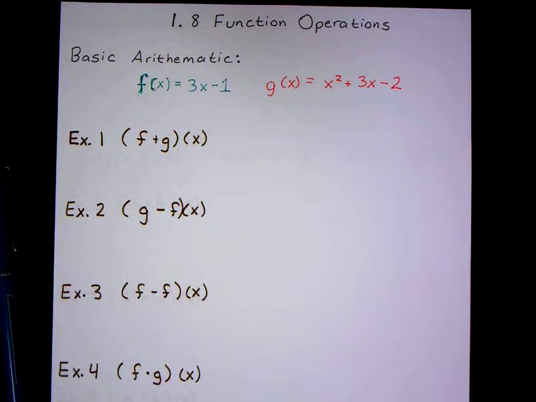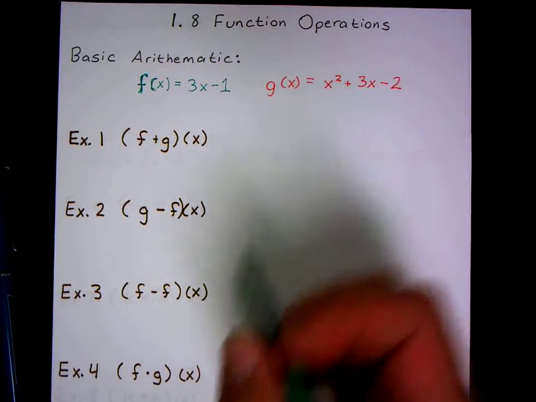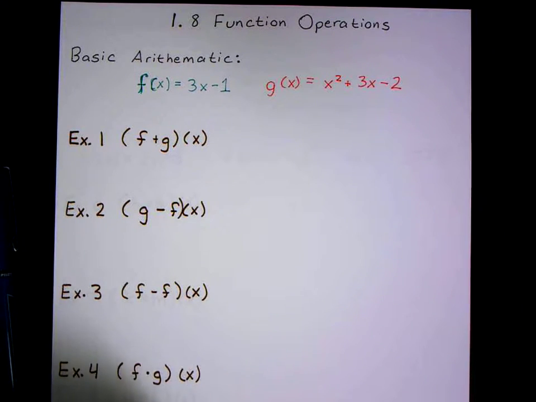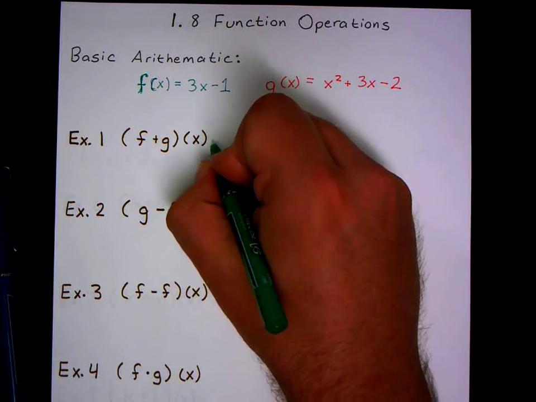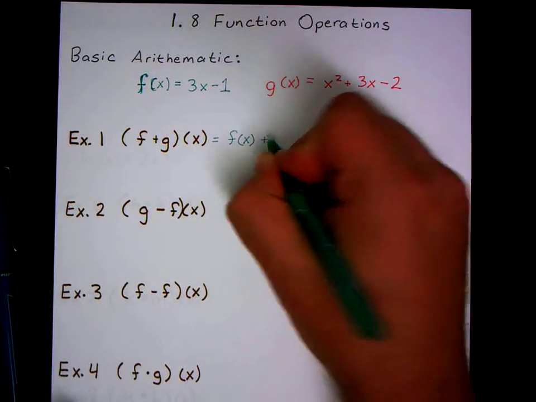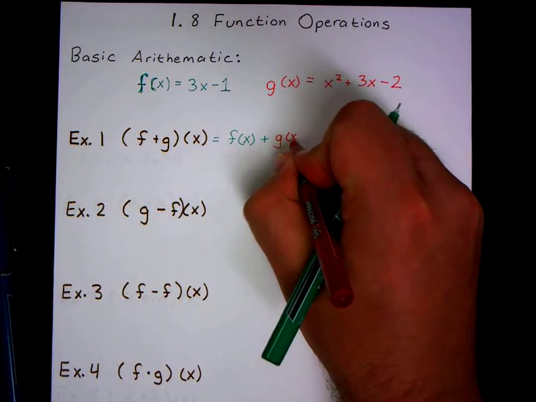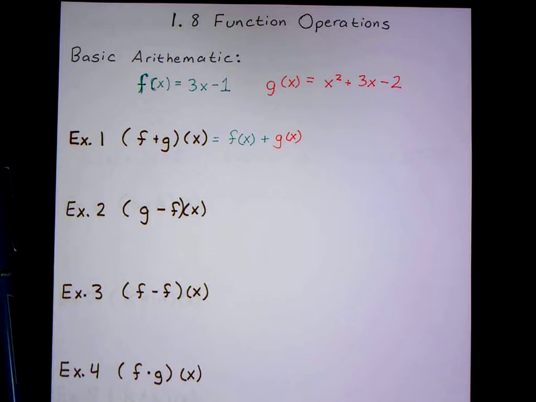So for example 1, all this means is you take function f plus function g. So to write it out a little bit more, we're taking f of x plus g of x. That's all that means.